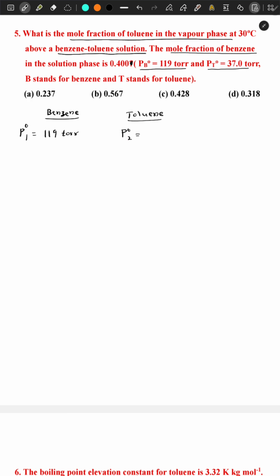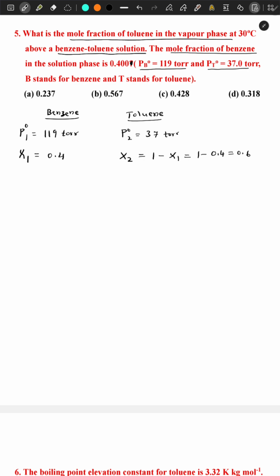Instead of P naught T I will take P naught 2, so 37 torr. Then what is given? Mole fraction of benzene in solution phase. Remember, mole fraction in solution phase for benzene is called Chi1. That is given as 0.4. Obviously you can calculate the mole fraction of toluene, component 2, in solution phase, that is 1 minus Chi1, so 1 minus 0.4, you will get 0.6.